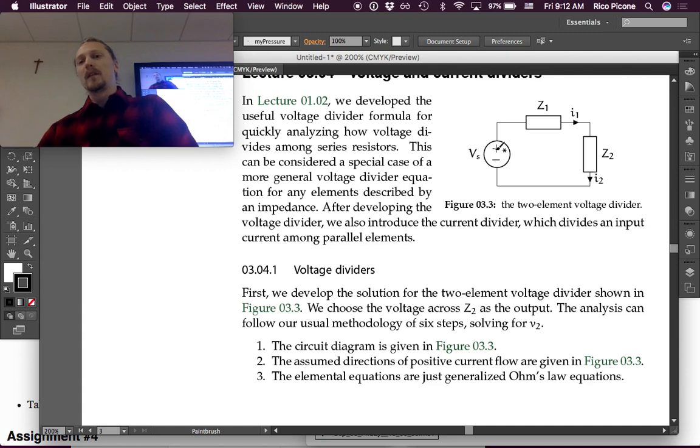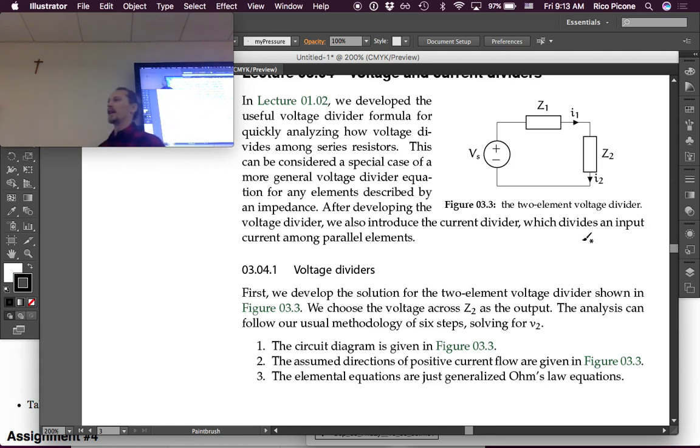But in the simplest case, it's just a voltage source connected to two series elements. And those two elements are represented by Z1 and Z2, just impedance 1 and impedance 2. So it could be resistors, could be inductors, could be capacitors. One could be a resistor, one could be a capacitor. Doesn't matter. We can represent any of those elements by impedances, right? So that's why I just put these boxed elements there, just some generic element.